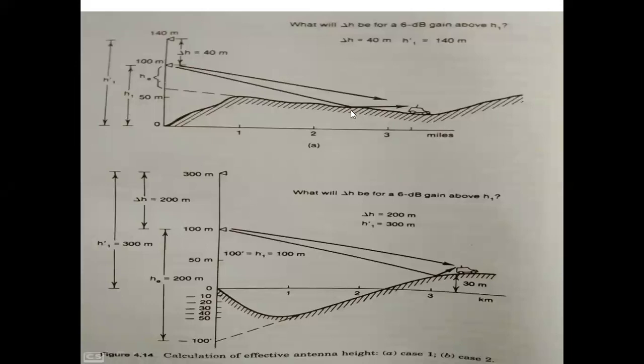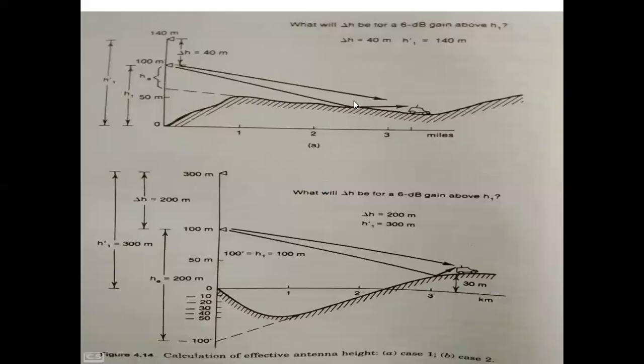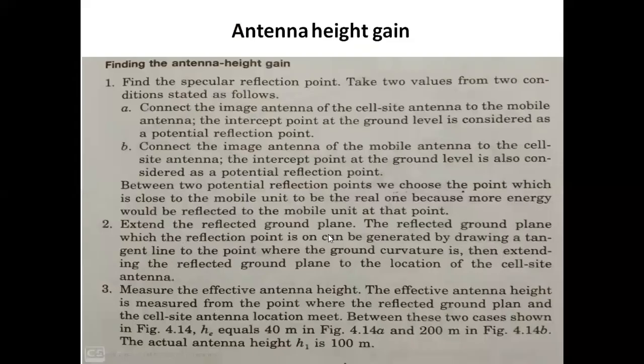And second rule, extend the reflected ground plane. Reflected ground plane means from the reflection point, we draw a tangent line to the cell site. That is called extending the reflected ground plane. And third one is measure the effective antenna height.